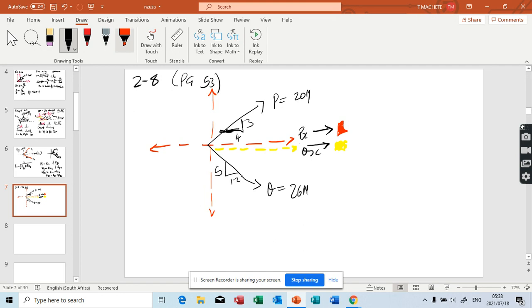Okay. And then up here, we're going to have py, and down here we're going to have qy. Okay, and then from there, what do you do?